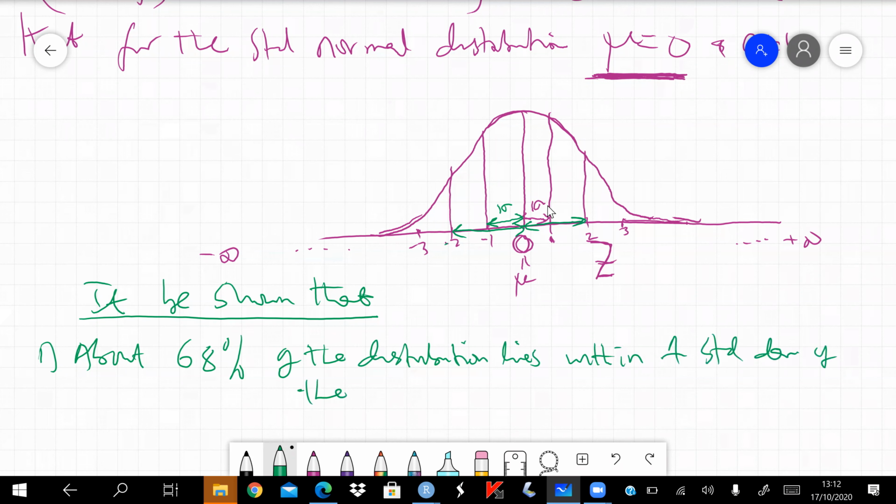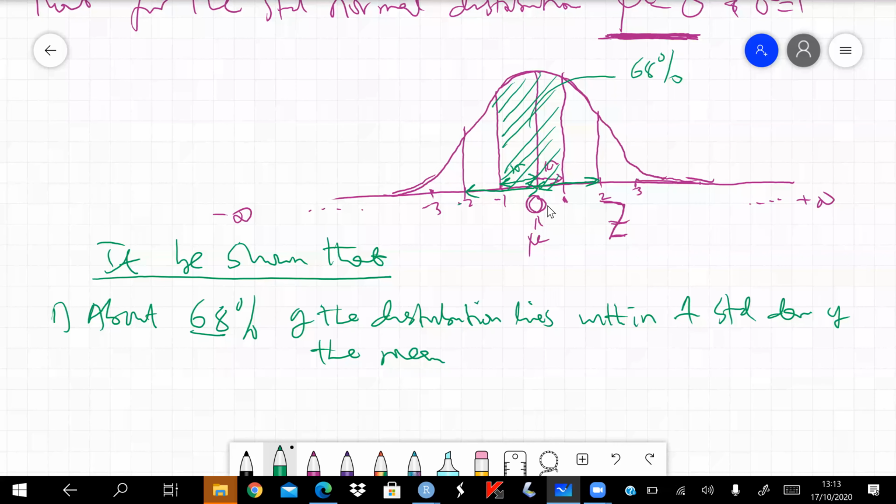It can be shown that about 68% of this distribution, remember this distribution starts from minus infinity all the way to positive infinity, lies within one standard deviation of the mean. So that means one standard deviation above and one standard deviation below. So this is what we are calling 68%. It's not exactly 68%, but we'll show that it is very close to 68%.